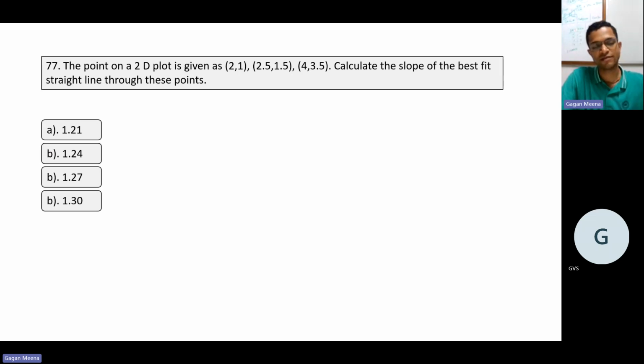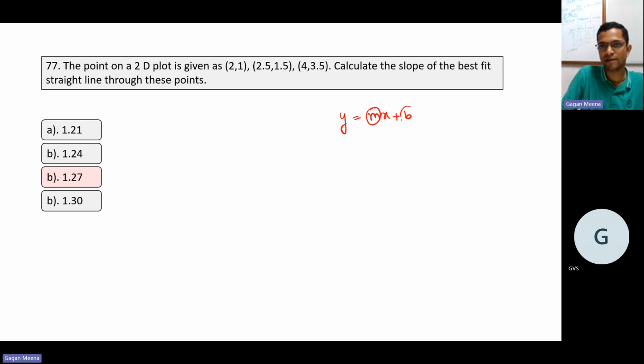Calculate the slope of the line. This is linear least squares, fitting a model to the points. We will get one straight line for those points. You have the points and you want to fit an equation, so y equals mx plus b.